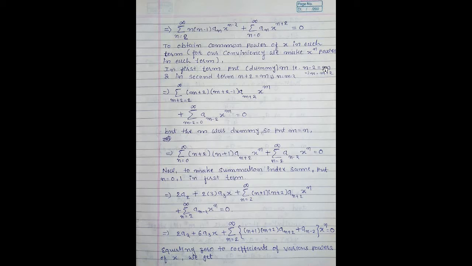Once we have taken n minus 2 is equal to m, in the whole term, whenever we see n, instead of n we put m plus 2. So our first term will be summation m plus 2 running from 2 to infinity, m plus 2 minus 1, a suffix m plus 2 x raised to m.